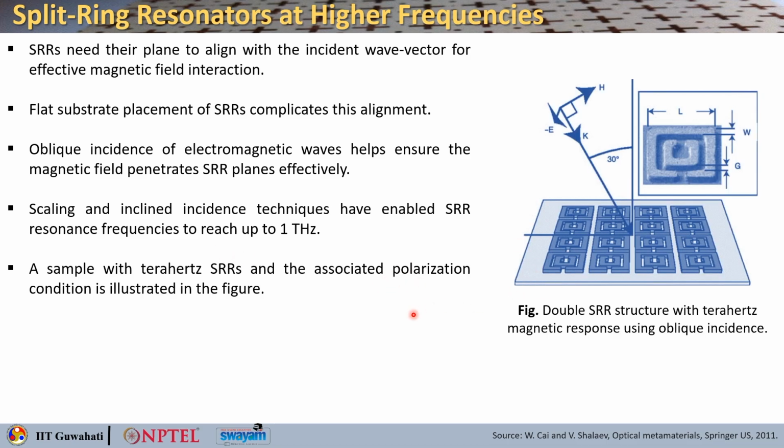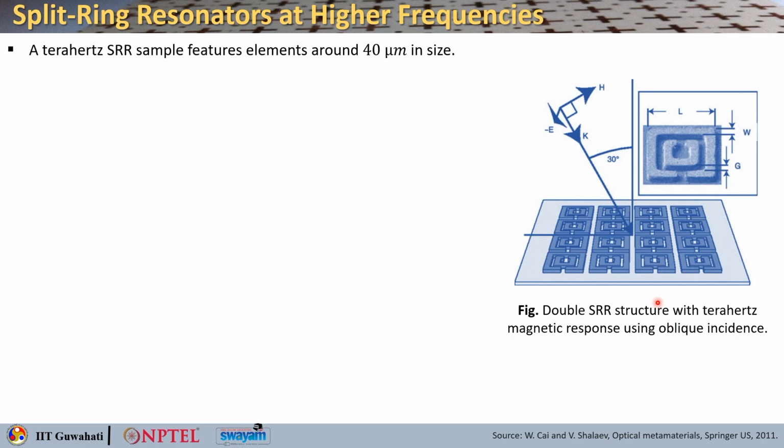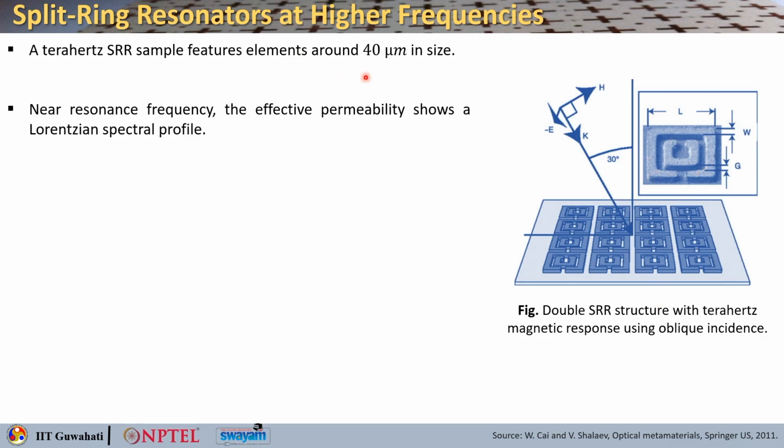So, here is a sample of terahertz split ring resonators with the oblique incidence technique shown here. Okay. So, that was giving magnetic response in the terahertz regime, right. In this particular figure you can see the dimensions of these elements are typically 40 micron, okay, and the resonance was coming around 1 terahertz.